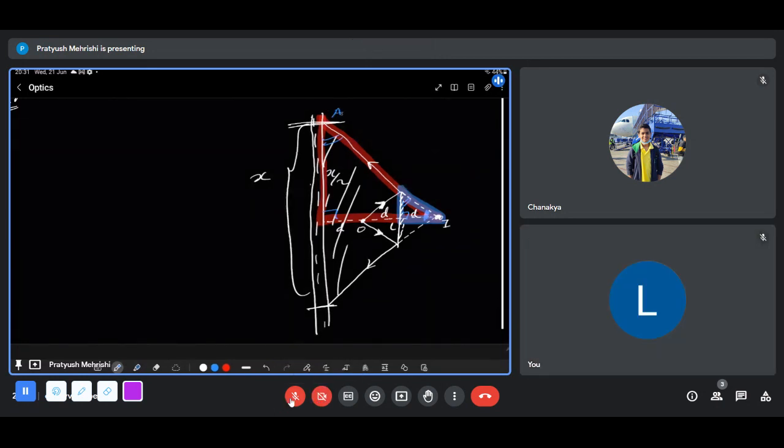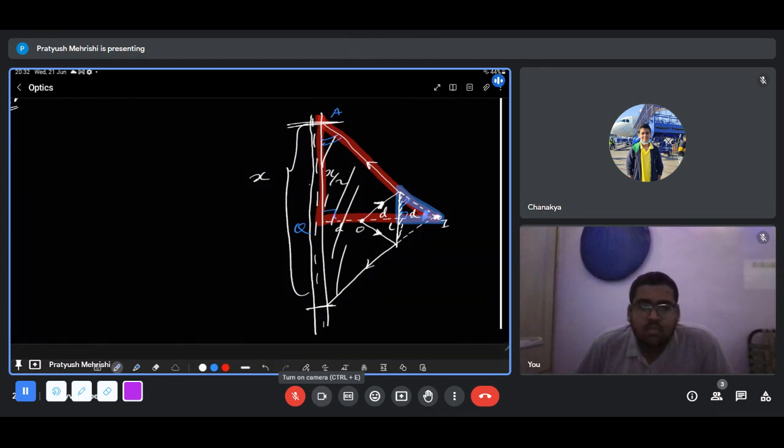Let this point be A, this Q, this capital D, this capital M, and this image point I. In triangle AQI is similar to triangle MDI.